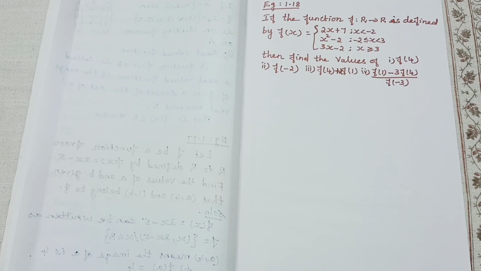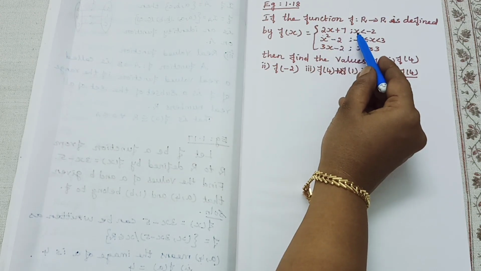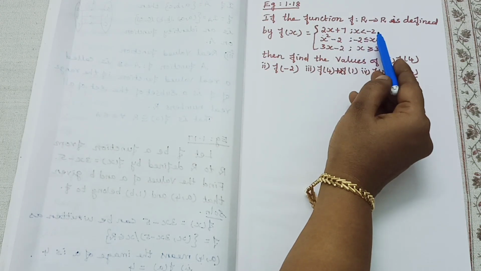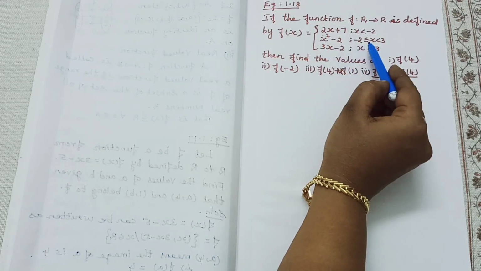Then find the values of first one f of 4, second one f of minus 2, third one f of 4 plus 2 into f of 1, fourth one f of 1 minus 3 into f of 4 divided by f of minus 3.